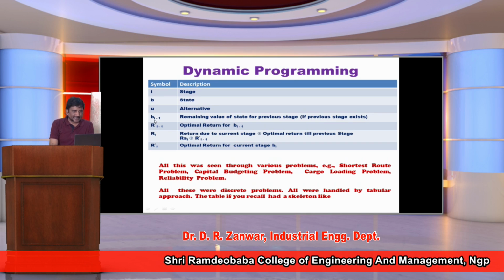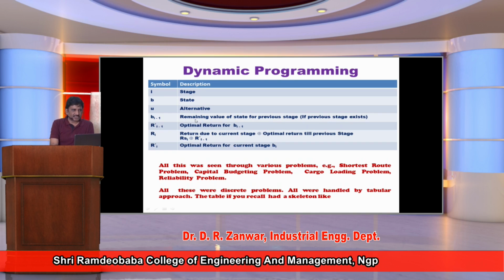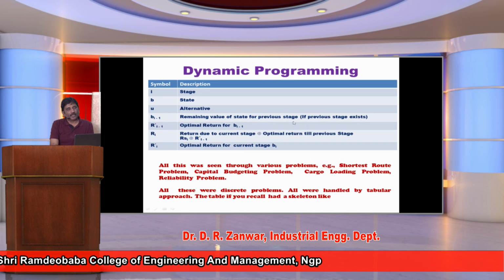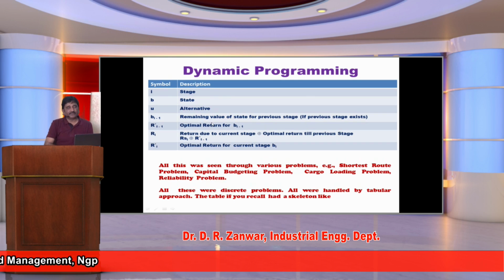There is one more variable called b i minus 1. b i minus 1 stands for the remaining value of state for the previous stage, where i minus 1 is our previous stage. b is the value of state, but now b i minus 1 will be the remaining value of state for the previous stage if the previous stage exists.